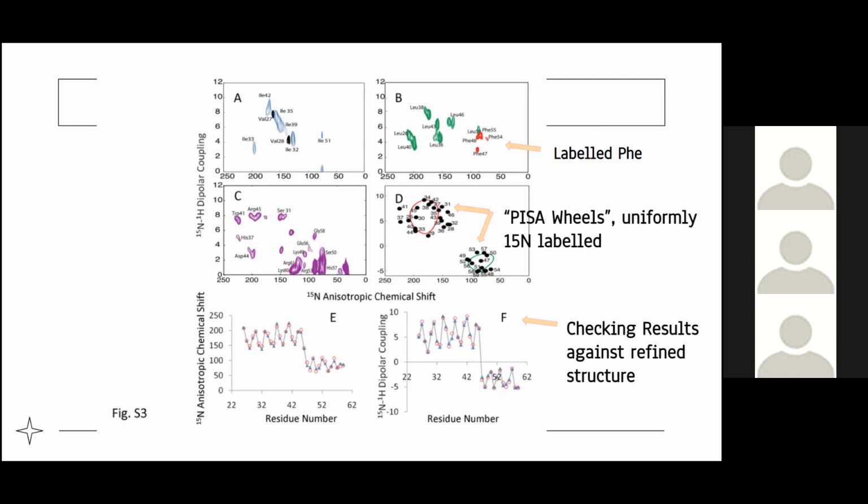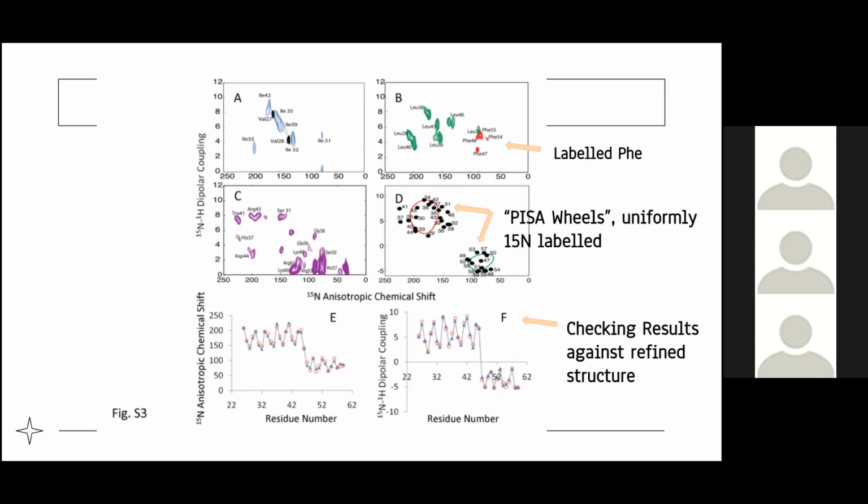But what I want to draw your attention to here is the diagram D, which has the example of these patterns called PISA wheels that occur in the PISEMA NMRs. And what these are basically is a picture of what the helix looks like because of the properties of periodicity of the helices. The i plus fourth and i plus seventh residues on these helices show up near each other in these circular patterns, which gives us an almost 3D image of what these molecules look like, which is very, very key in determining 3D structure using this NMR technique.